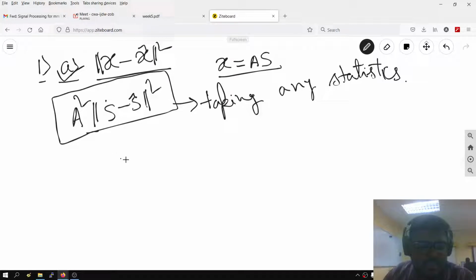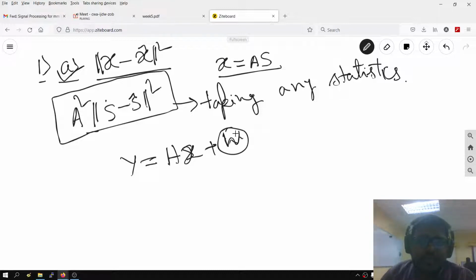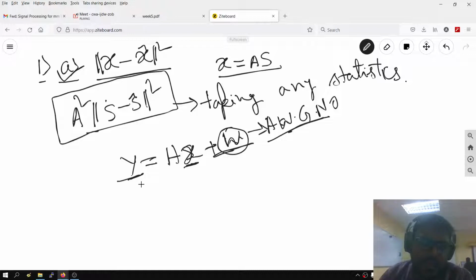Because our model is y is equal to Hx plus w, and this w, for our channel model, is additive white Gaussian noise. If we don't take the statistics of this, that is choosing the nearest vector x for which I can get this y, like y minus Hx mod square.